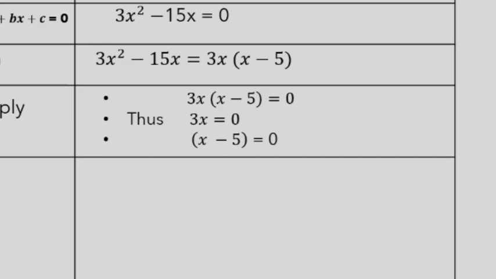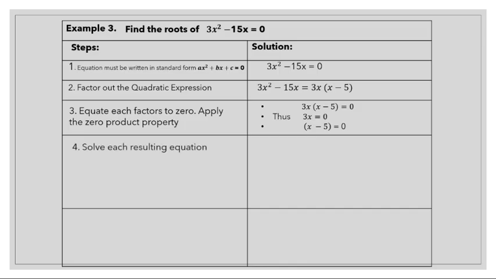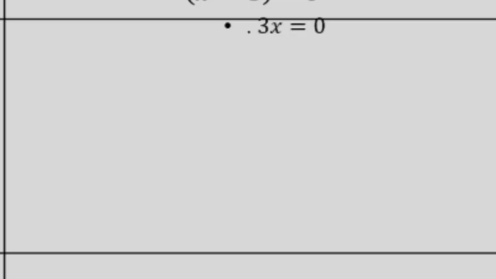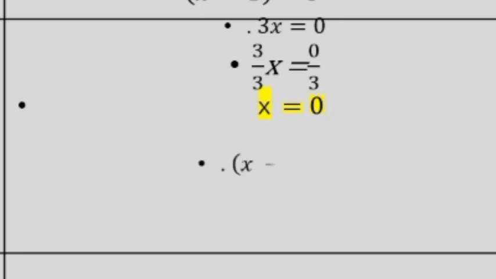Next is step 4. Solve each resulting equation. 3x is equal to 0. Divide both sides by 3. Then x is equal to 0. 0 divided by a number is always 0. Then x minus 5 equals 0. Add both sides by positive 5.